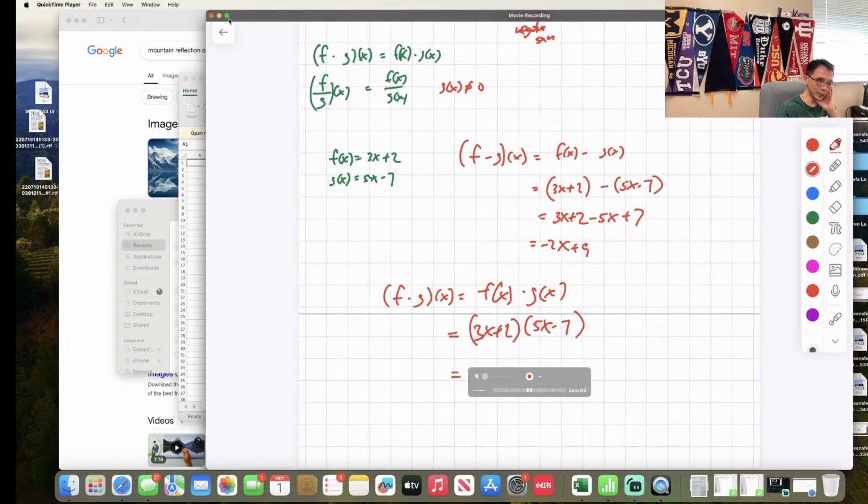In this case, it's going to be 15x squared minus 21x plus 10x minus 14. And that's equal to 15x squared minus 11x minus 14. Is that complicated? It should be very straightforward. You learn this in Algebra 1.